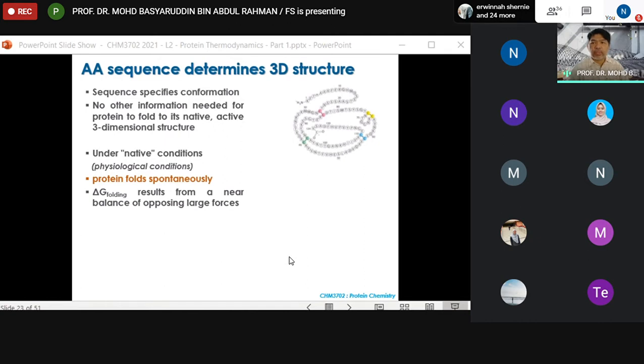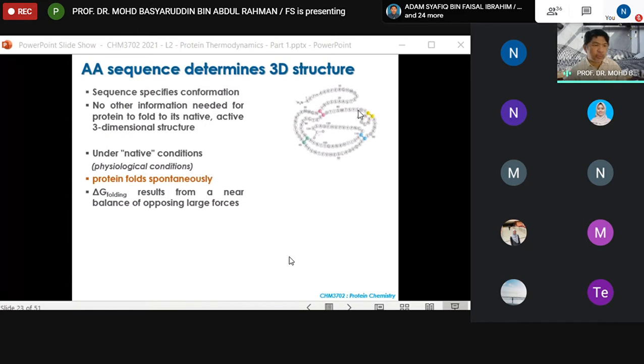We know that the amino acid sequence determines the 3D structure, and I think you have learned this maybe with Dr. Bimo before. The sequence specifies the conformation, so it's very important to know the amino acids from 1 until, if it is 200, until 200.